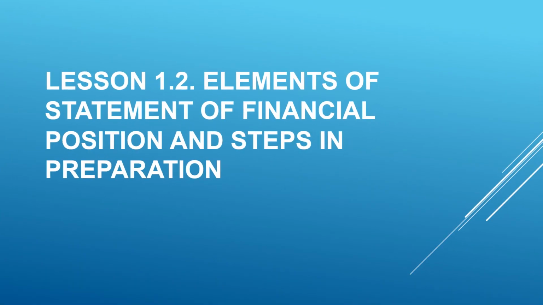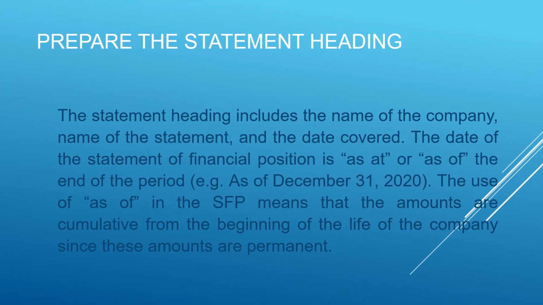Okay, we already know the elements of the financial statement. So we will also study the steps in the preparation of the elements of financial statement. How can we come up with those elements of financial statement? How to prepare the financial statement.